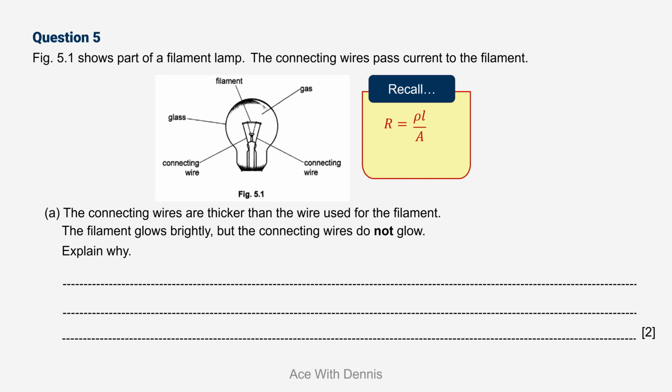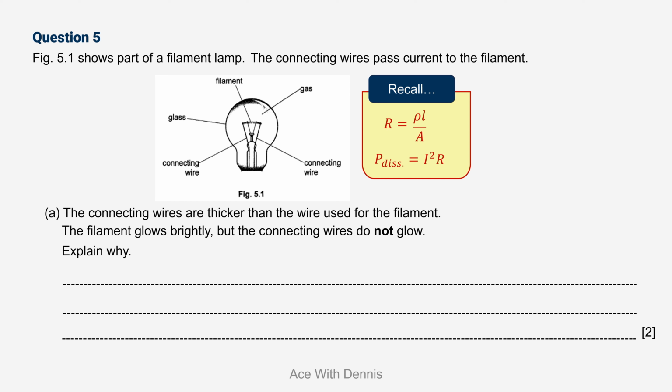From this formula, we can see that the resistance is inversely proportional to the cross-sectional area. Another formula that we need to know is the dissipated power, which is I squared R. Based on this formula, when the resistance is higher, the dissipated power will be more as well. So these two quantities are directly proportional.